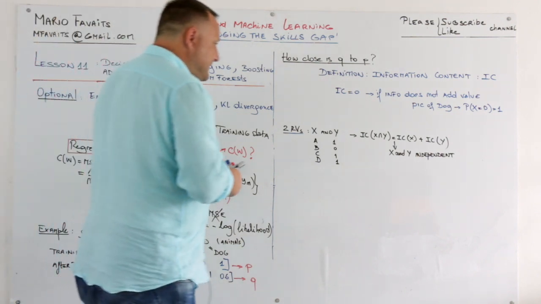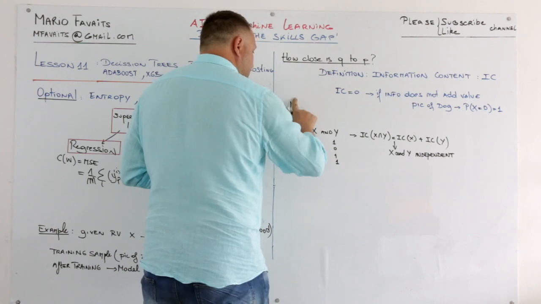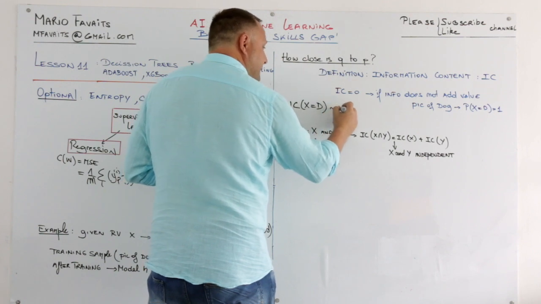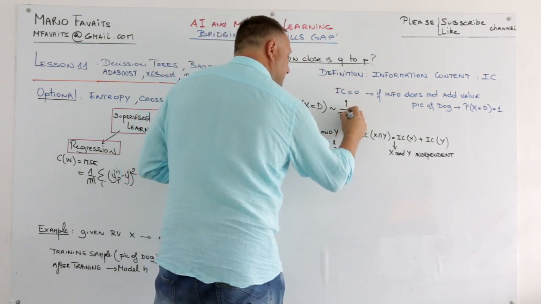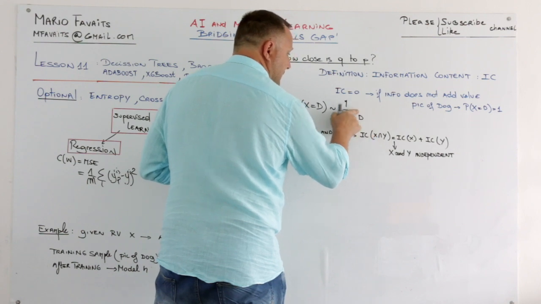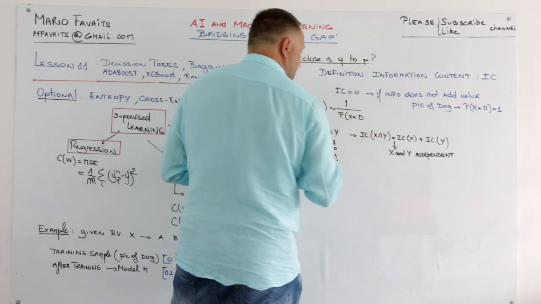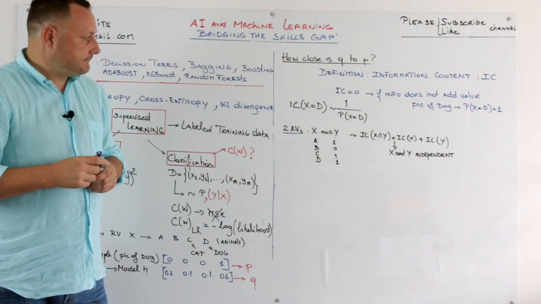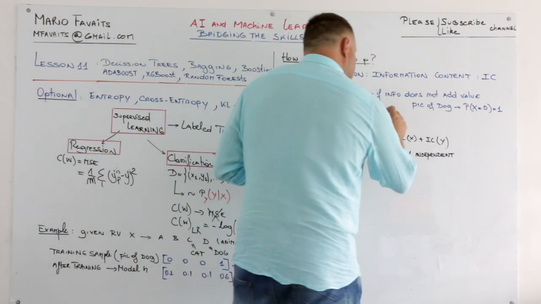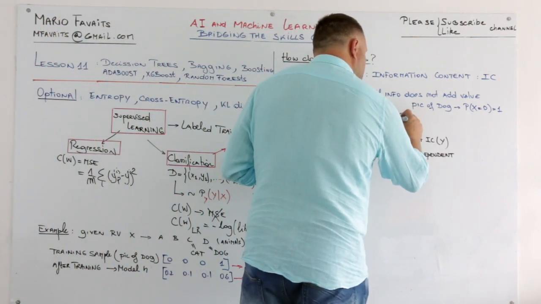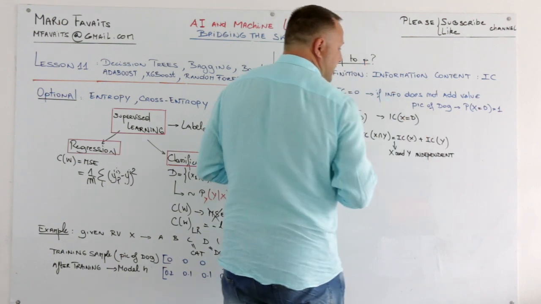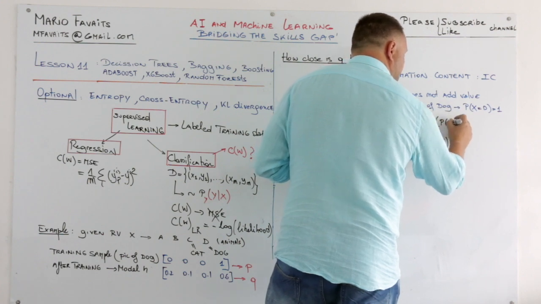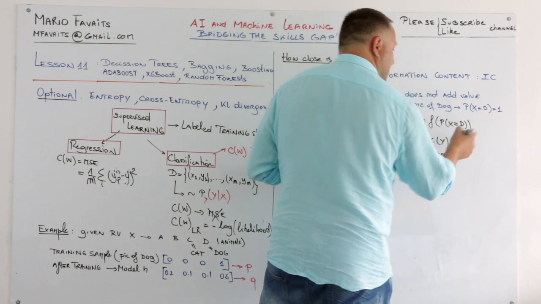So you can intuitively see that the information content of X is a dog is inversely proportional to the probability that X is a dog. The higher your probability, the lower your content. So that means that the information that X is a dog is a function of the probability that X is a dog.